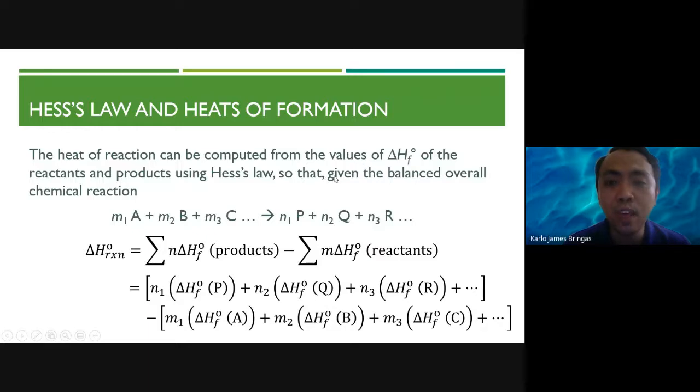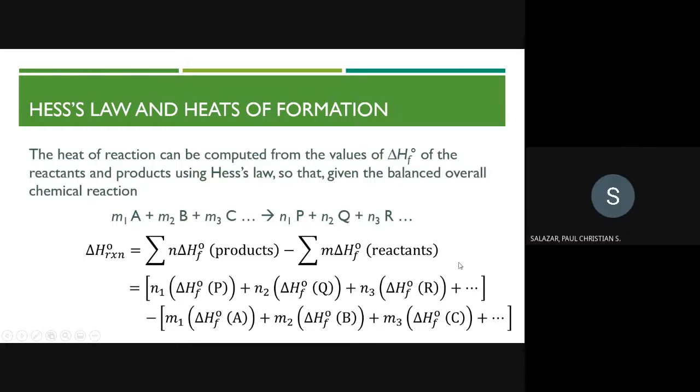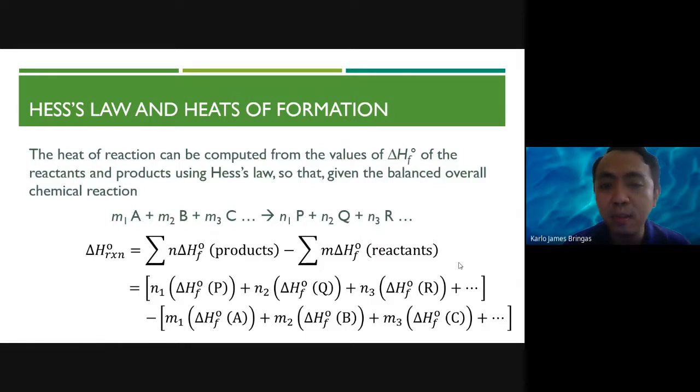So that if you're given the balanced overall chemical reaction, you can now use this equation over here. It might look a little bit intimidating, but actually using it is a little bit simple lang naman.